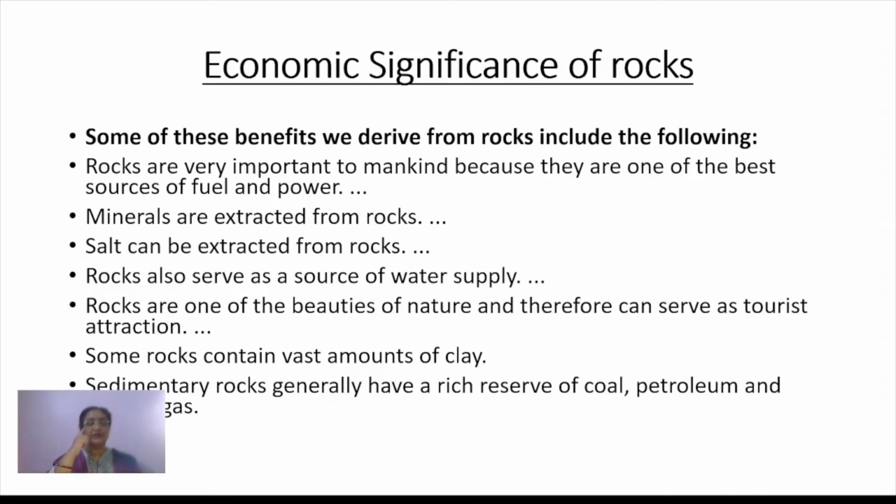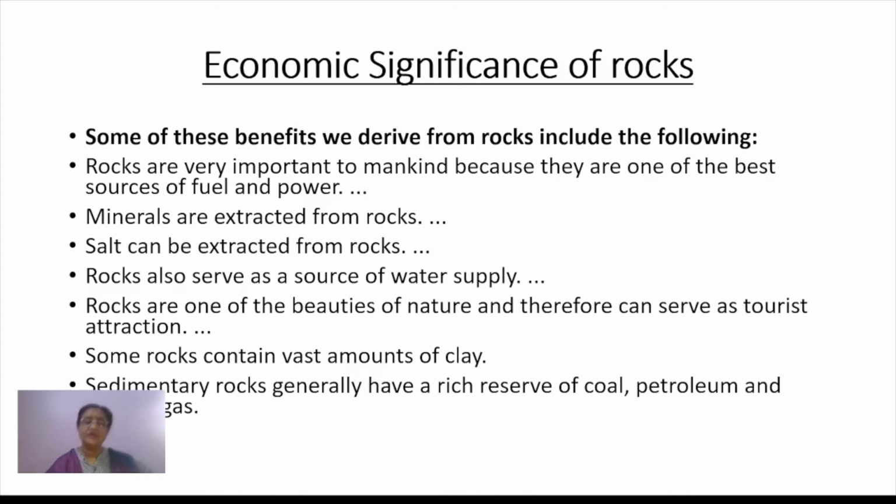These are a rich source of coal, petroleum, natural gas, that is the natural fuel, the fossil fuels. Then these are one of the beauties of nature and therefore can serve as a tourist attraction also. Some rocks contain vast amounts of clay and different types of particles. So there are a number of different uses.